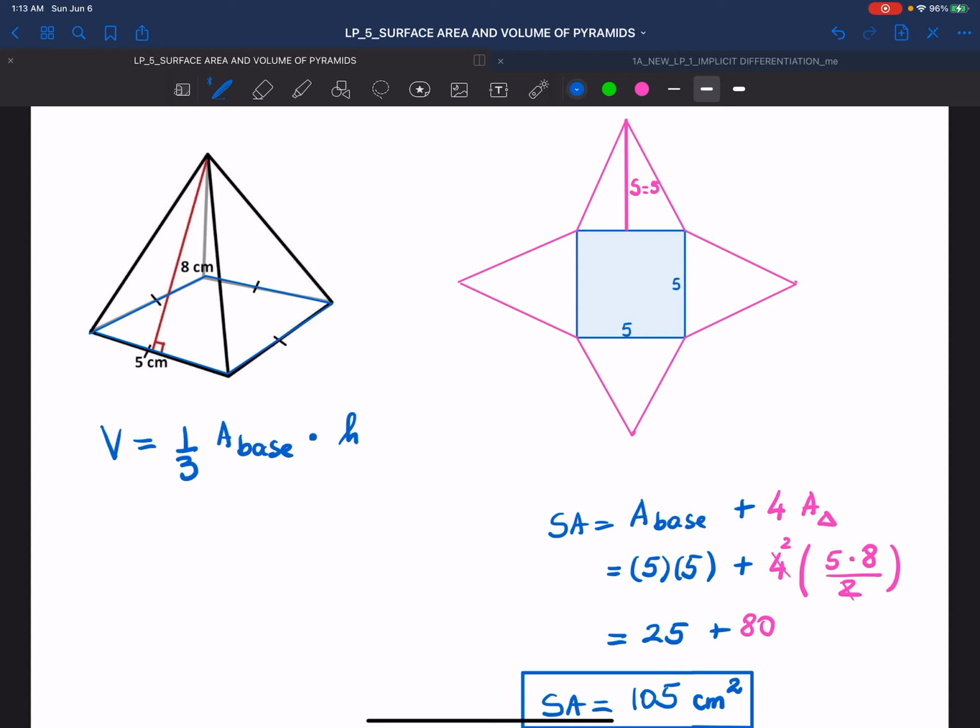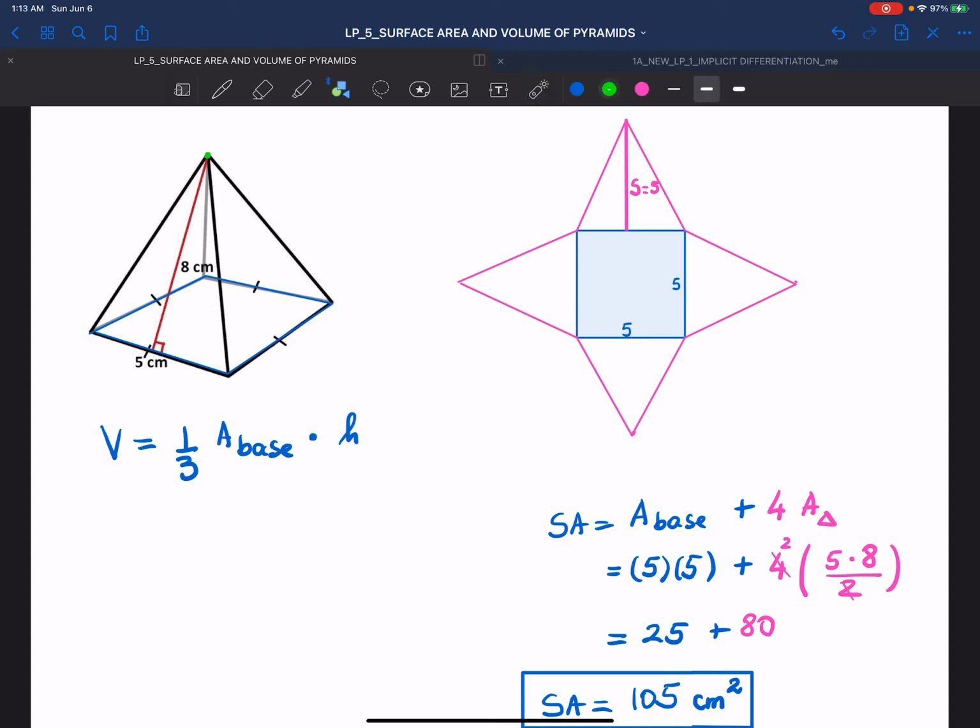Now, can you see the height of the pyramid? Well, first of all, what is the height of the pyramid? The height of the pyramid, remember, connects the top of the pyramid, the highest point, with the center of the base in here, because it is drawn perpendicular to the base.